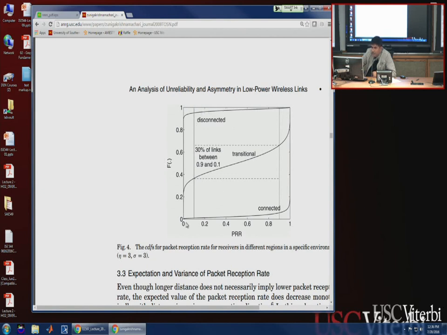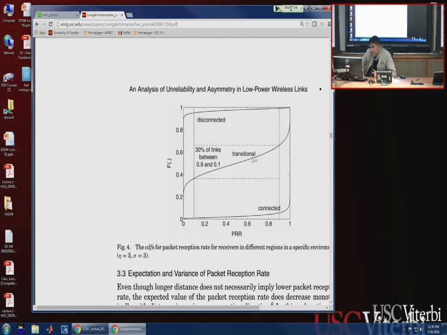In the transitional region, what you're seeing is not a straight line going from 0 to 1, which would imply a uniform distribution. If all of those PRR values had equal ranges, then the CDF would be the integral of that PDF, and it would look uniform.